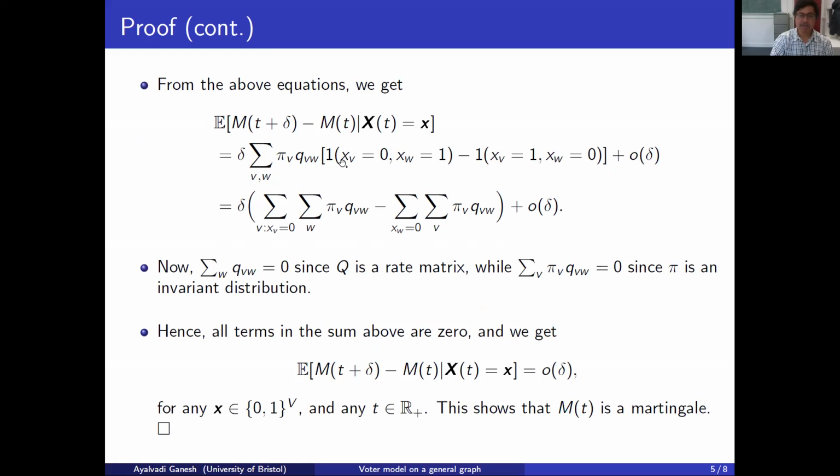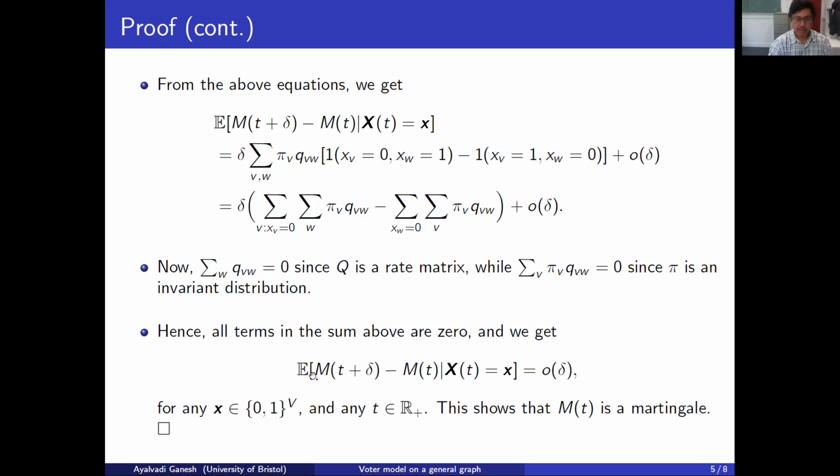I added and subtracted terms corresponding to xv and xw both being 0, and that gave me this sum. Each of these is 0 for the reasons I just explained.